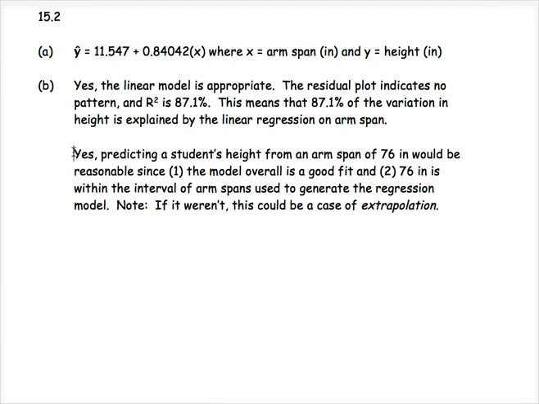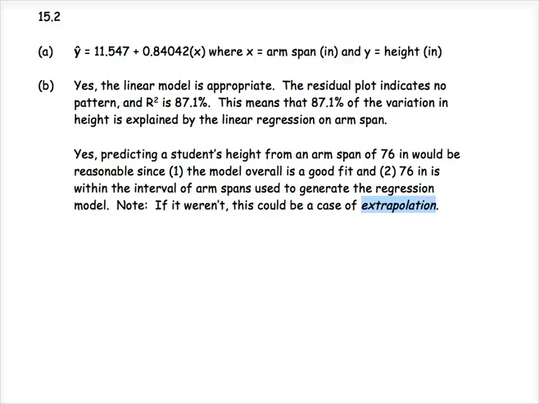So because the model is a good fit, yes, predicting a student's height from an arm span of 76 would be a reasonable thing to do. Understand, if the model weren't a good fit, we wouldn't want to use it for prediction. So it's important to say, yes, this model is a good fit, so we can proceed. And then lastly, a vocabulary word to remember. It's okay to make a prediction with 76 because 76 fits within the interval of the data used to make the model.